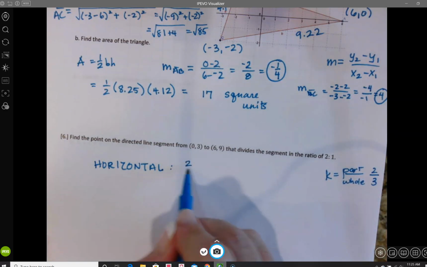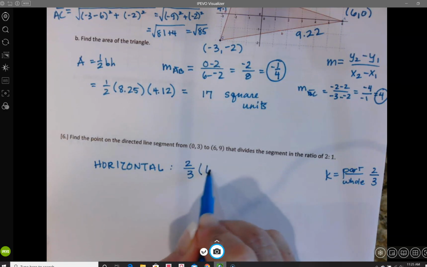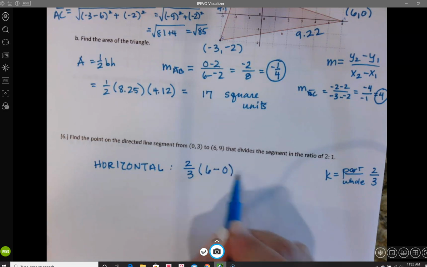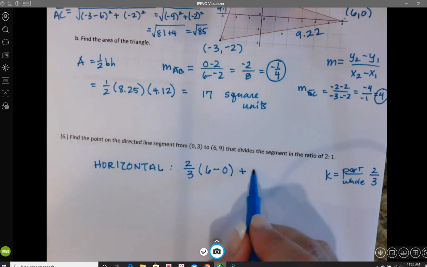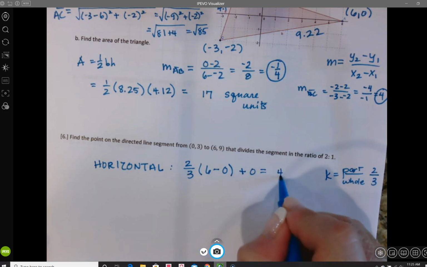So I'm going to multiply 2/3 times x2 minus x1, and then I'm going to add back x1 again. So 2/3 of 6 is 4, and 4 plus 0 is 4.